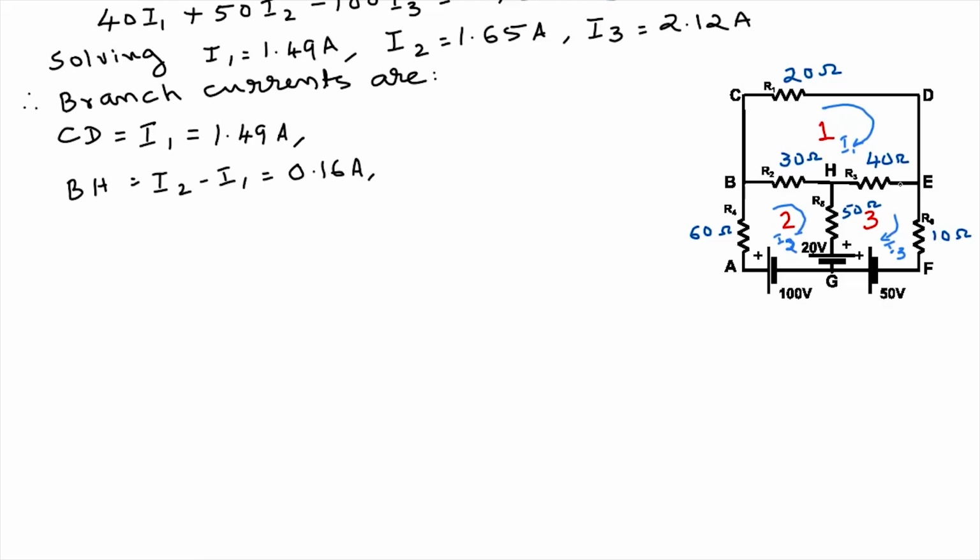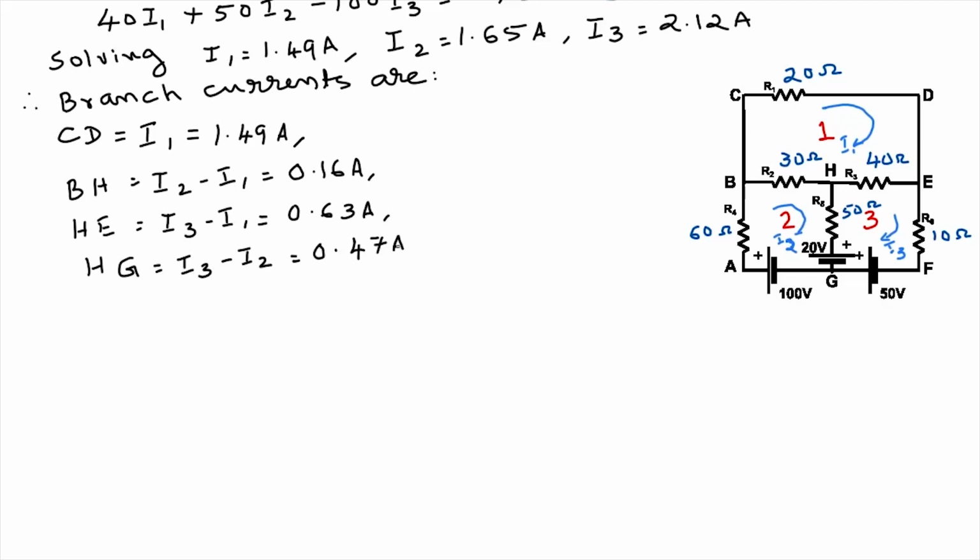Then branch current HE is the difference between mesh currents I1 and I3, that is I3 minus I1, which is equal to 0.63 ampere, and branch current in HG is the difference of currents I2 and I3, that is I3 minus I2, which is equal to 0.47 ampere.